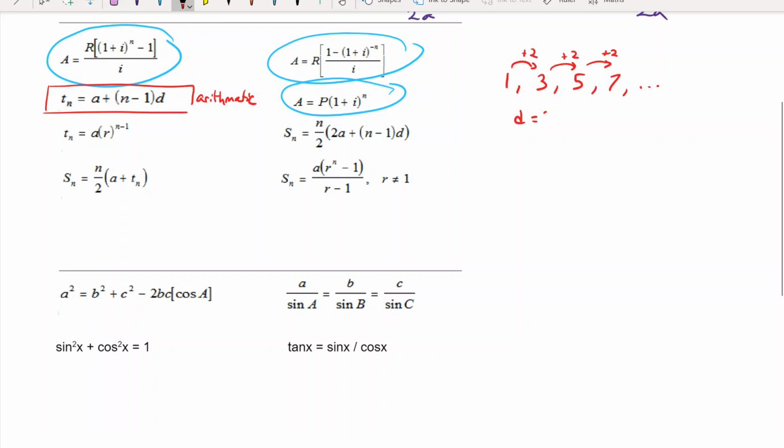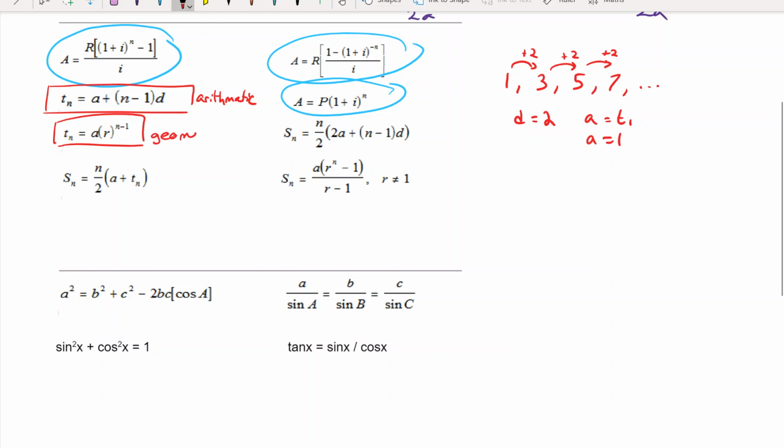My a value is just whatever my first term number is. So in this case, my a value is 1, and n is just the number of terms I'm counting up to. So the nth term is going to use this formula in order to tell you what number you're at in the sequence.